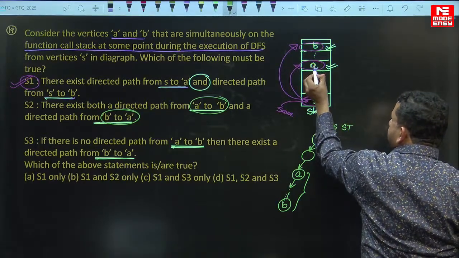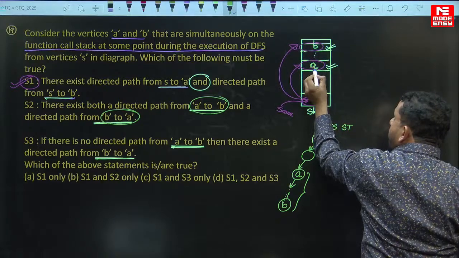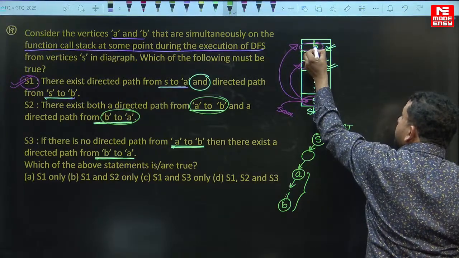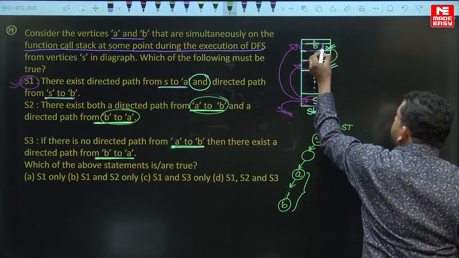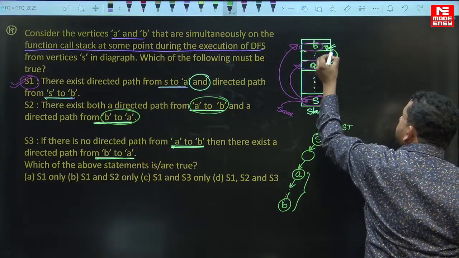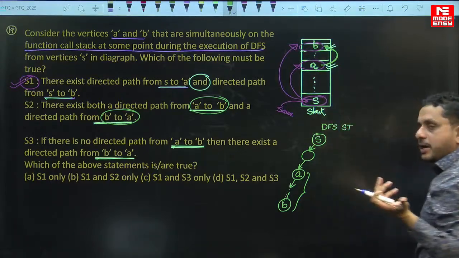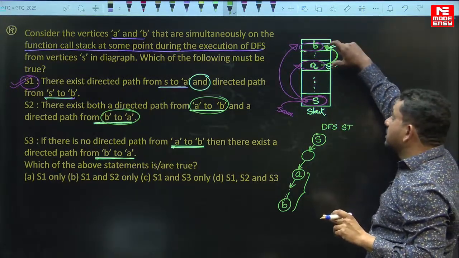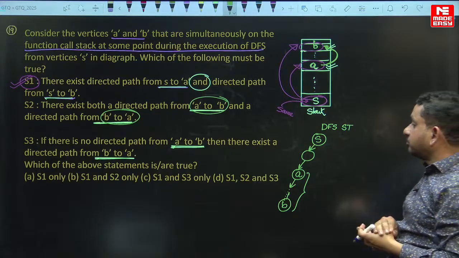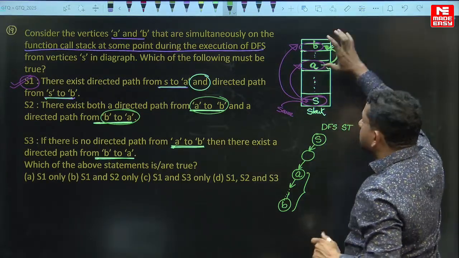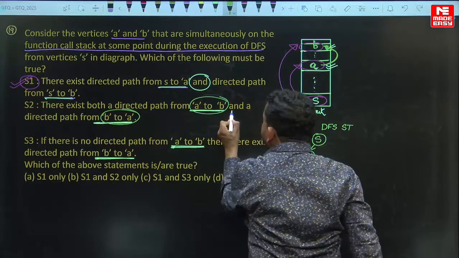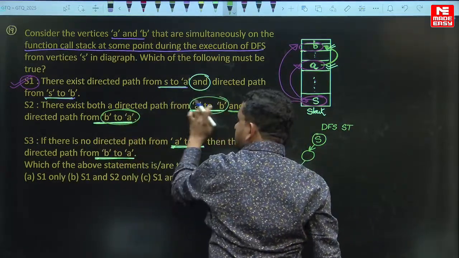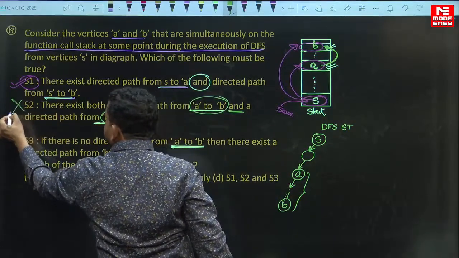If A is added first, and then before popping A, B is added in the DFS traversal, then there is a path from A to B, and there may not be a path from B to A. But the statement says both paths should be there, and that may not hold. So the second statement is false.